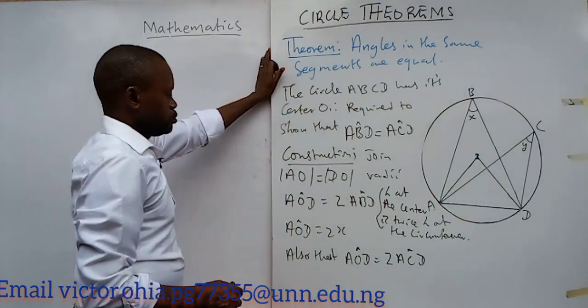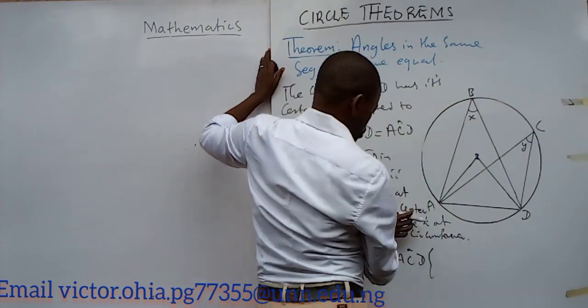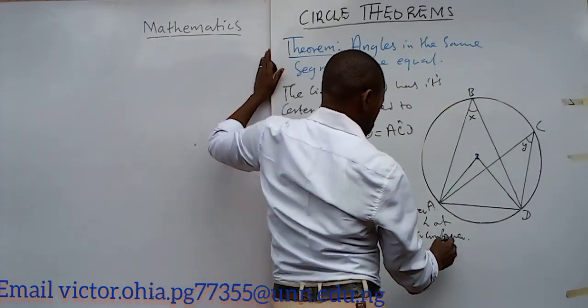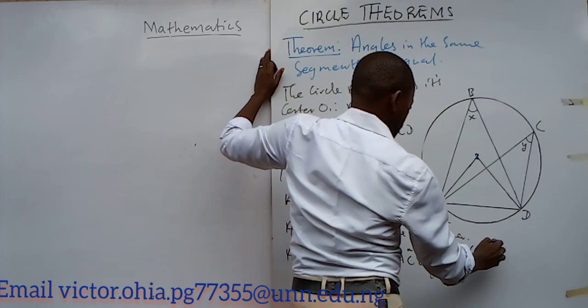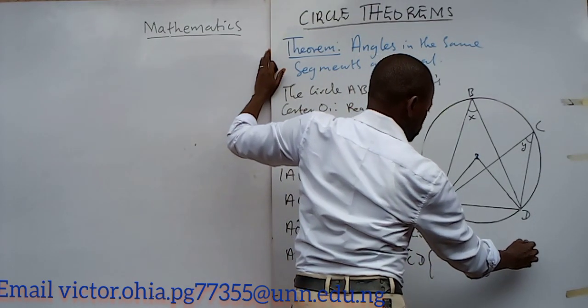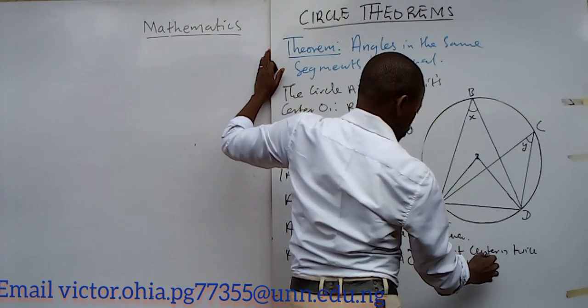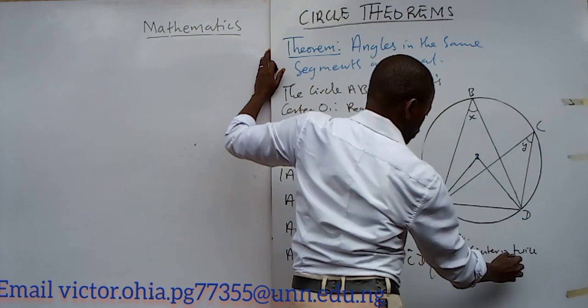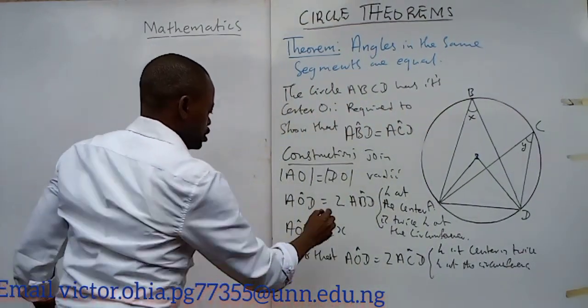We also back it up by the theorem we have already used: the angle at the center is twice the angle at the circumference.